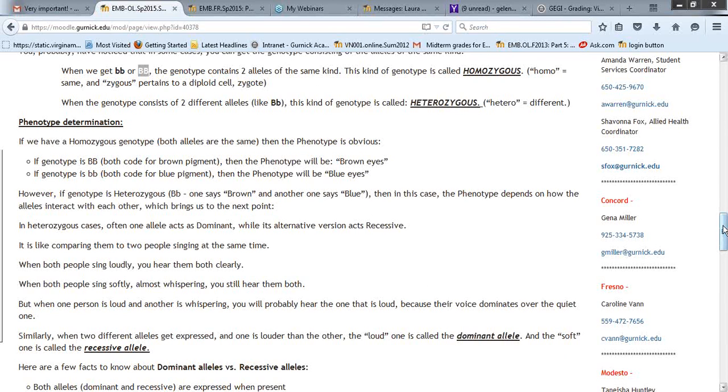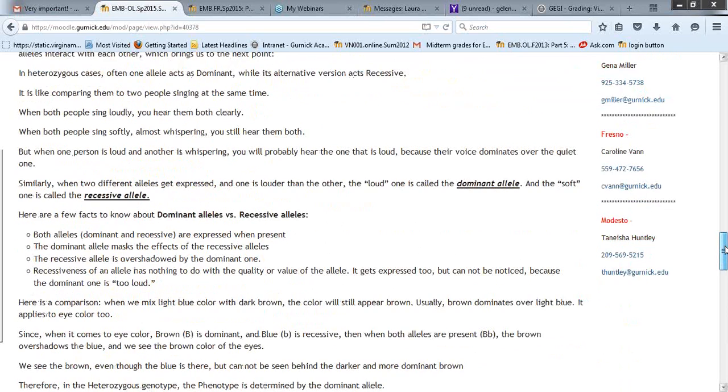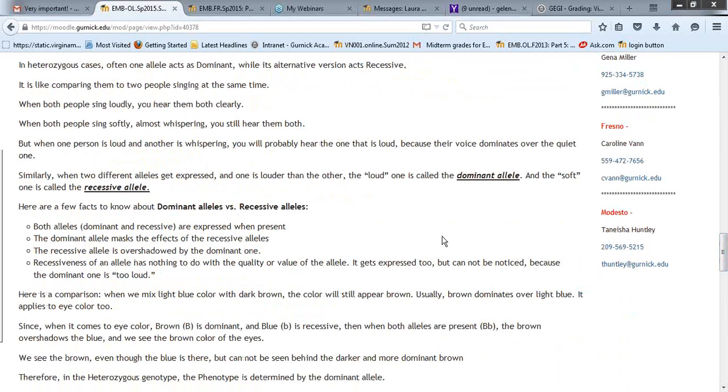That brings us to understanding the next point, that some alleles will act as dominant alleles. They will be louder and brighter, and they will be expressed very clearly. The recessive alleles would be the opposite of the dominant. The recessive alleles are much softer and quiet. They kind of stay quiet.